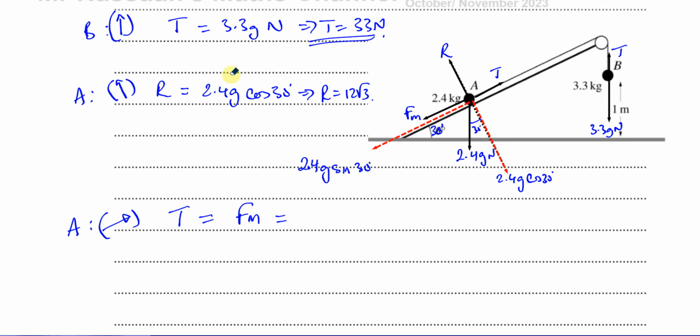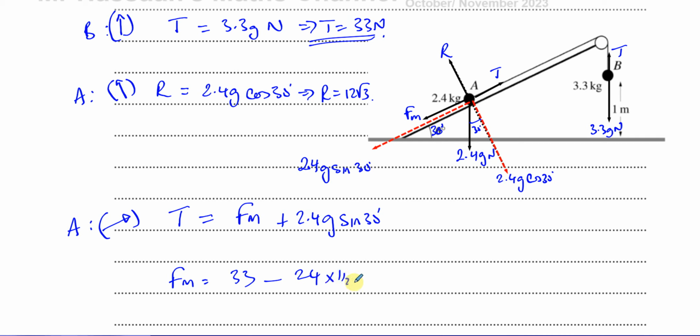Okay, so now I know the tension is 33. So I can say F max is equal to 33 minus this, which is 24 times a half. So 33 minus 12 is 21 newtons. Okay, so I know F max is 21 newtons.